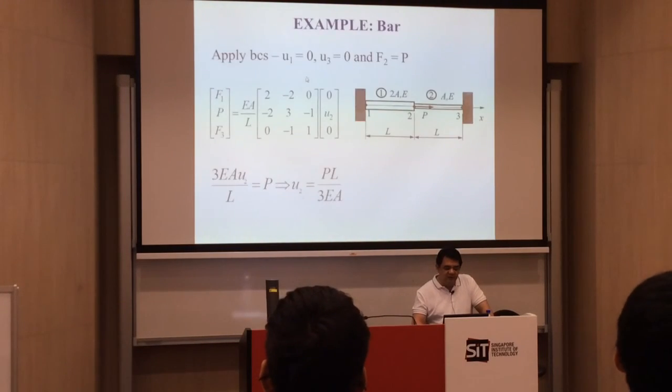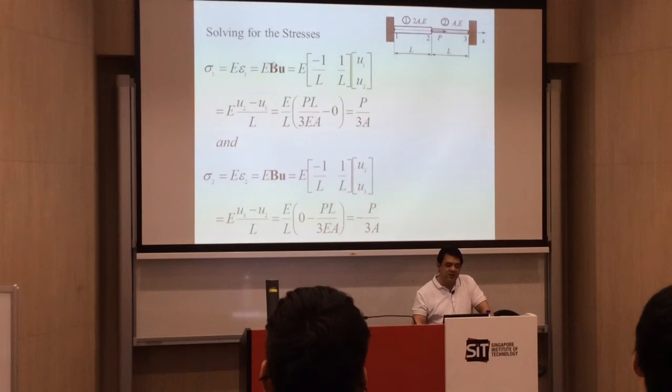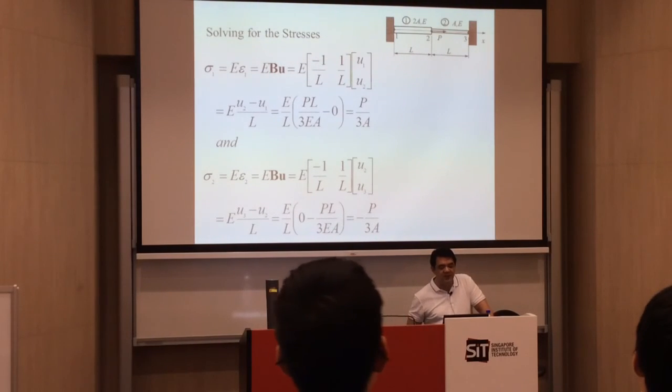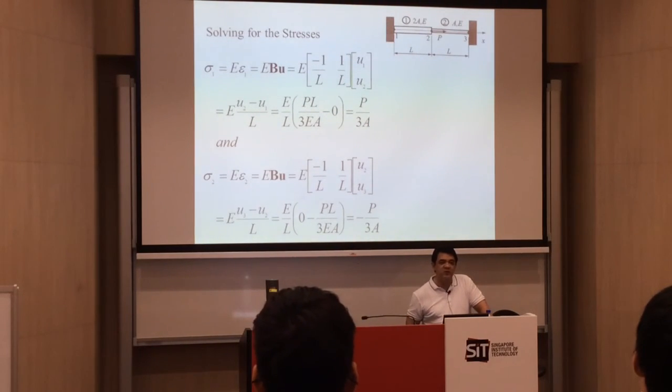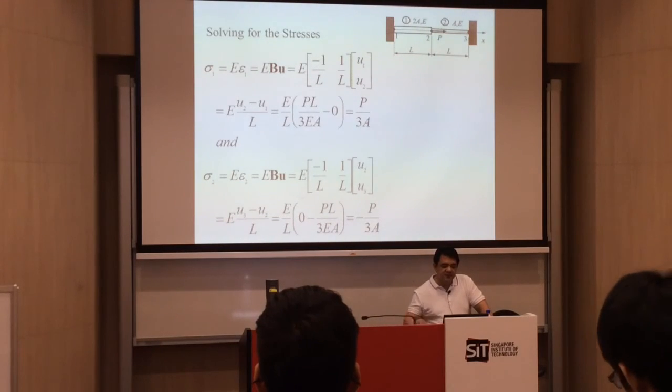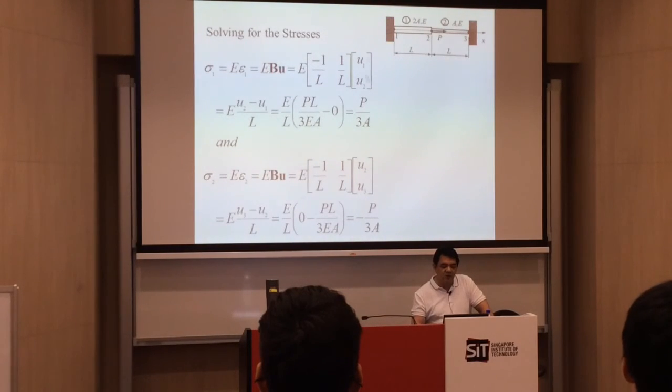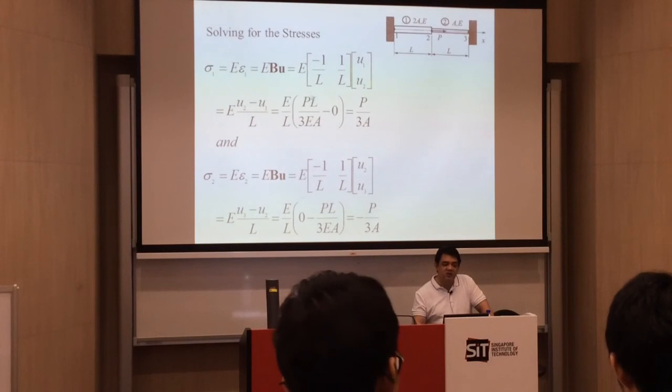So once you have the displacements, U1, U2, U3, you can now proceed to solve for your stress. But take note, you must have your strain displacement matrix. And how did we get that strain displacement matrix? We simply differentiate the shape function with respect to x. So E here will be your Young's modulus. B here, we were able to derive this one already. And then you have U1 and U2. So solve for that. U1 displacement is equal to 0. U2 is solved using this one.